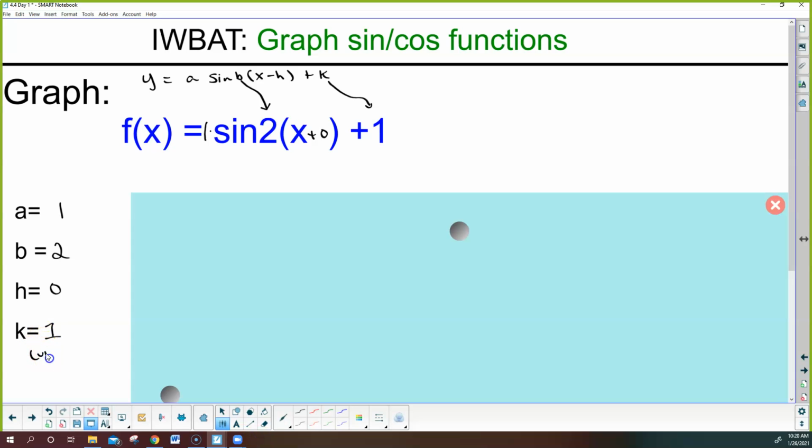And right next to that, I might say this is going to move everything up 1 unit. Now notice, if I move up 1, wait a minute, that's my midline, right? So I automatically know from the k value, I know what the midline is.